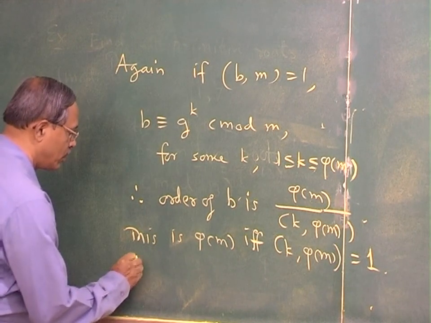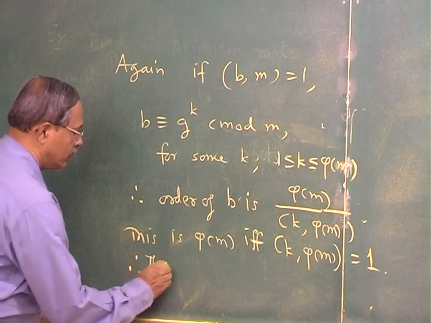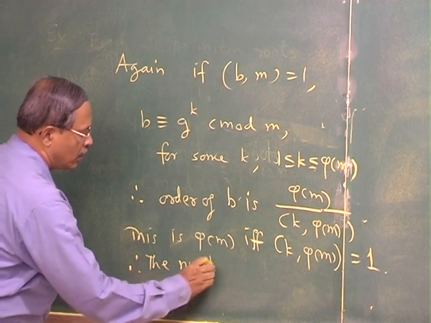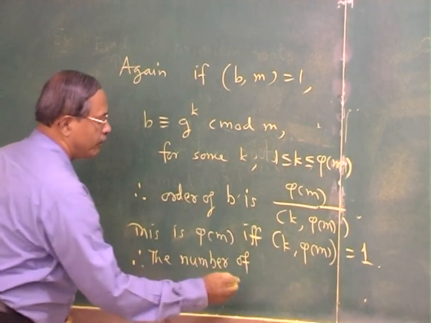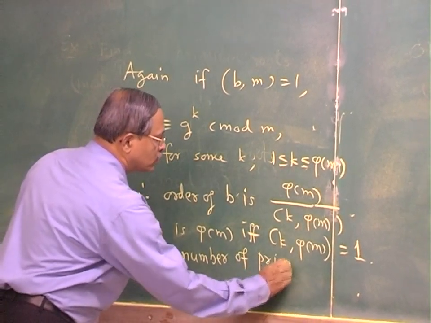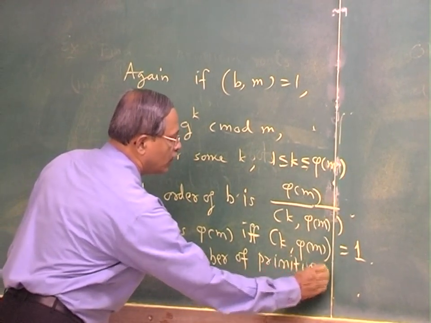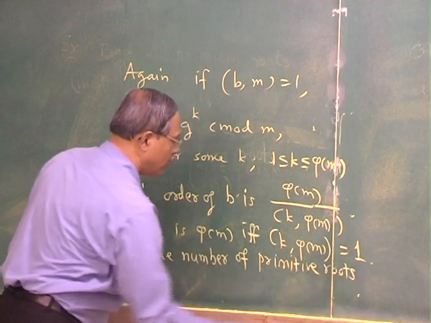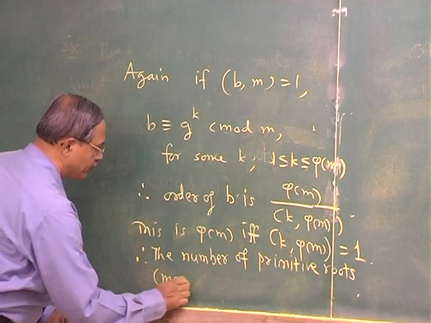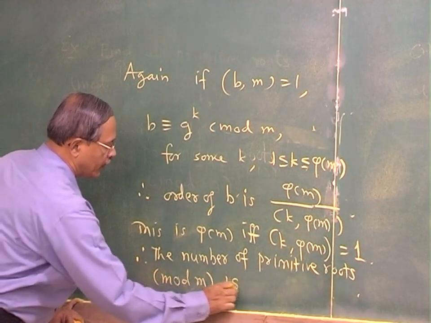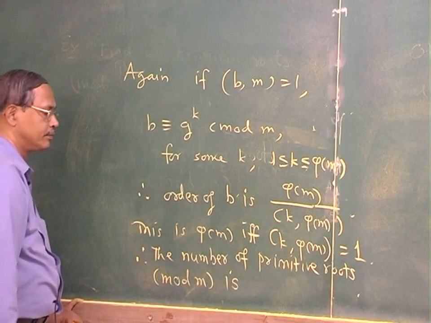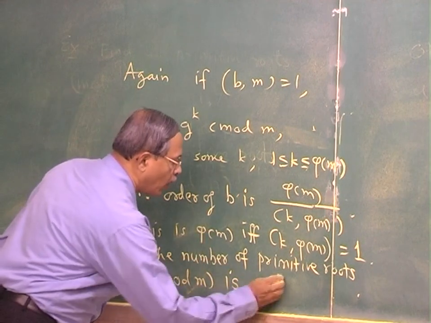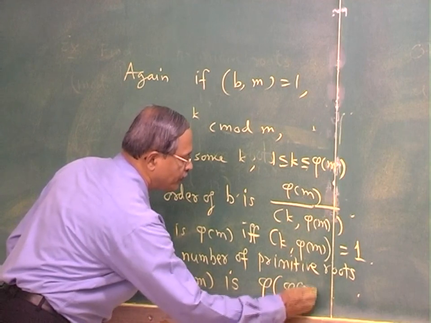Therefore, the number of primitive roots mod m is phi of phi m.